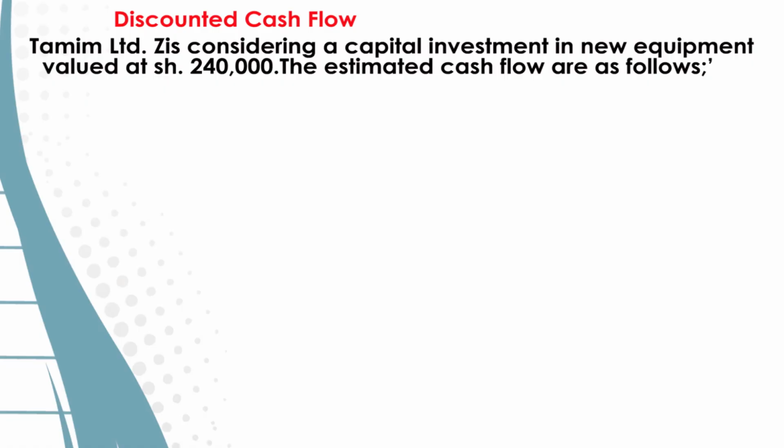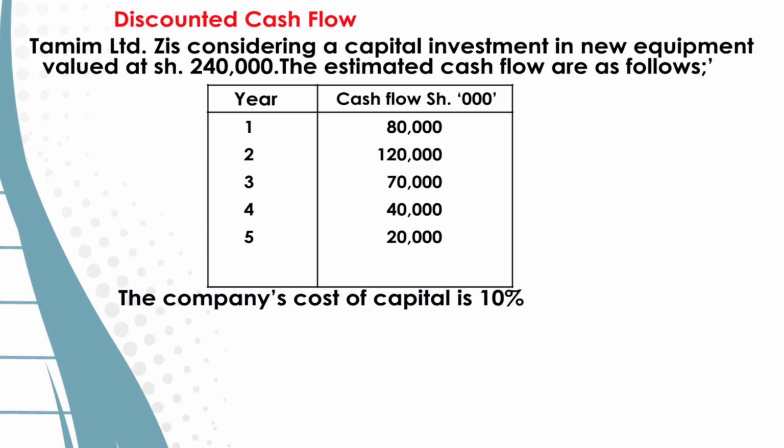Illustration. Tamim Limited is considering a capital investment in new equipment valued at 240,000 shillings. The estimated cash flows are as follows: year 1, year 2, year 3, year 4, year 5.